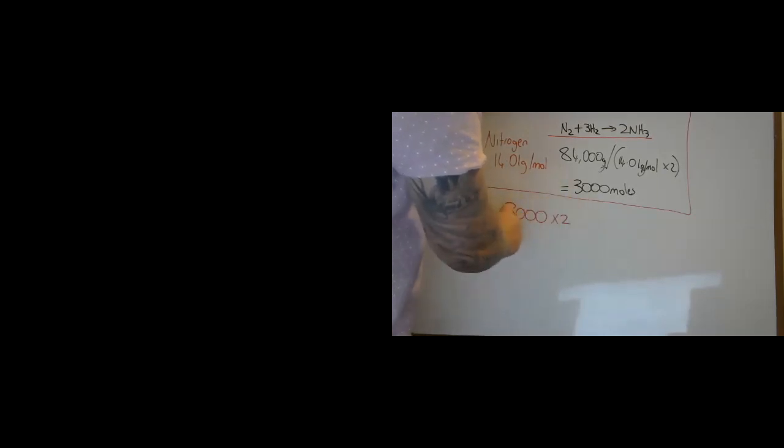So it gives us 6,000 moles. So theoretically, we can produce 6,000 moles of NH3. So before we went from grams to moles, now we need to go the other way, from moles to grams.